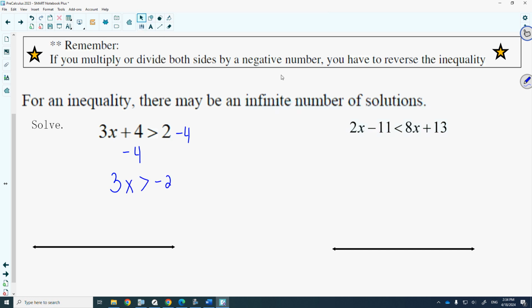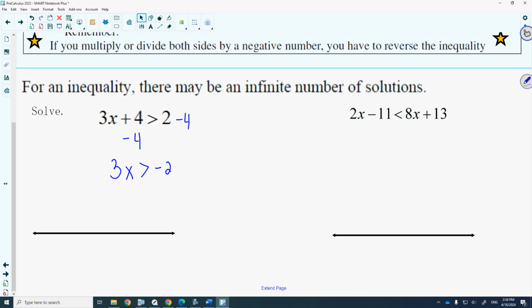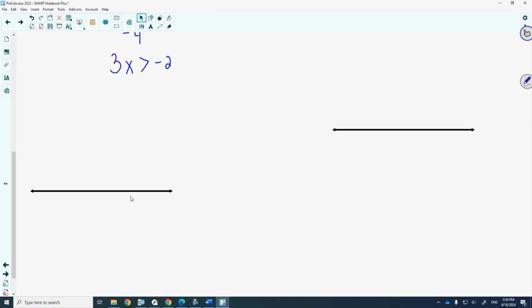From here, I want to isolate x, and I'm going to divide both sides of the inequality by 3. So I'm going to divide this side by 3 and this side by 3. X is greater than -2/3. So I've just solved the inequality.